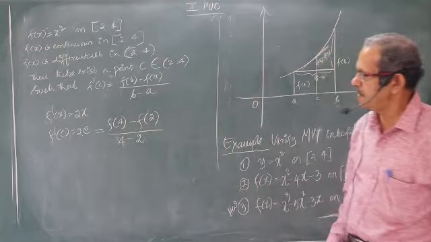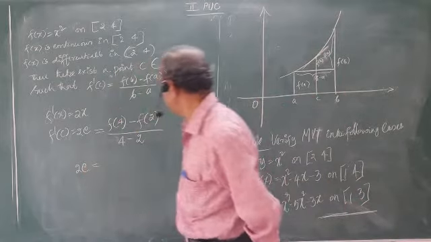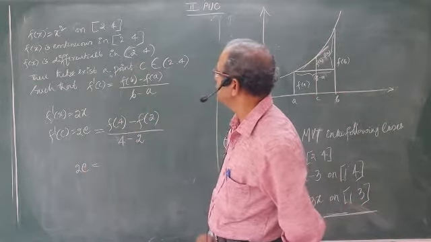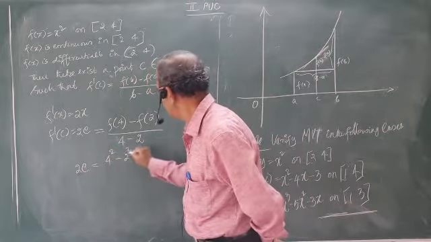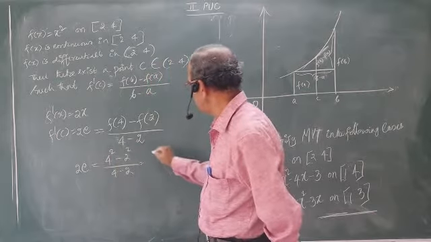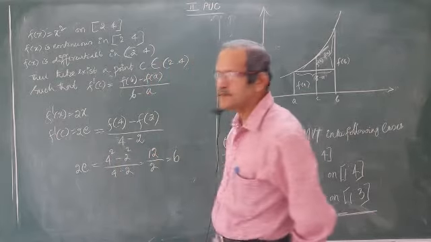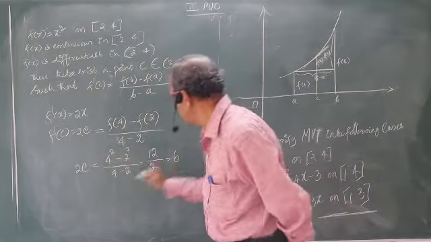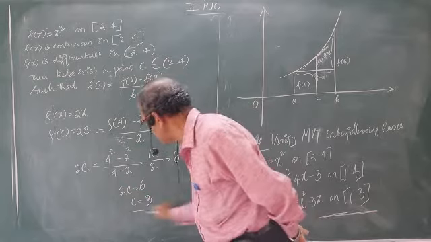So 2c equal to 4 square minus 2 square by 4 minus 2, 16 minus 4 by 2, which is 6. 2c equal to 6, c equal to 3. Over, only this much.